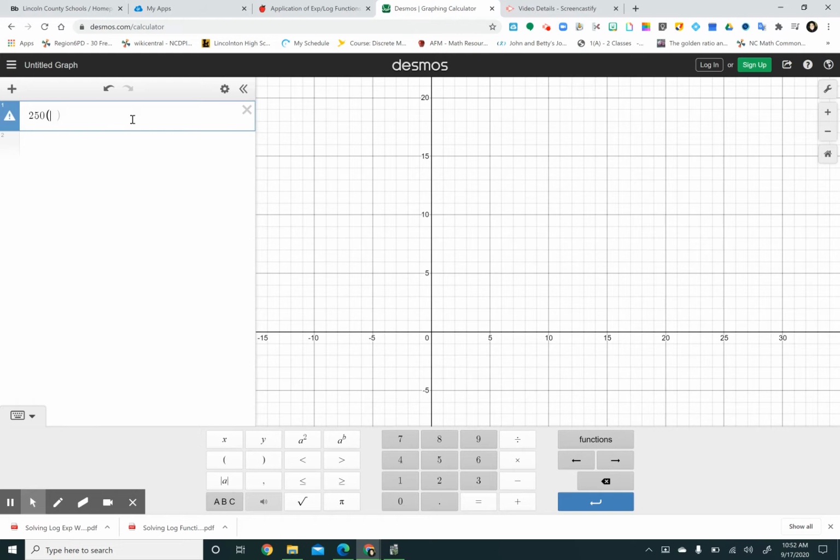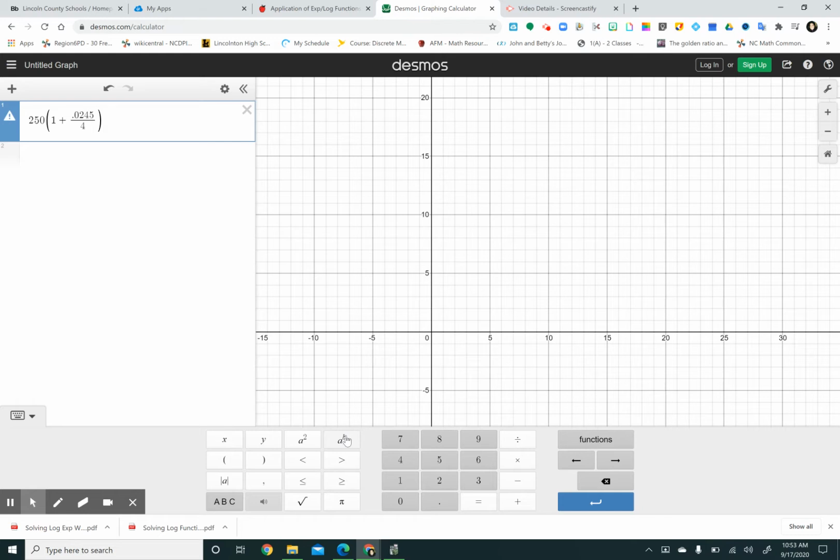Parentheses 1 plus 0.0245 divided by 4. And then that's raised to the n times t. Well, here's where you got to be careful.